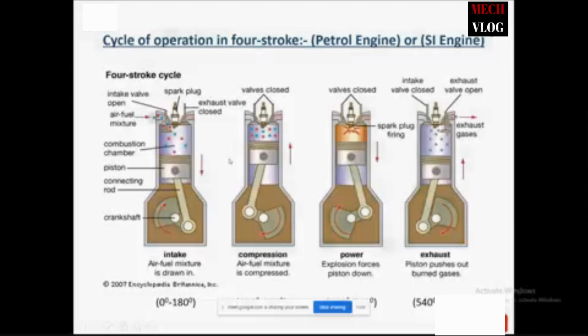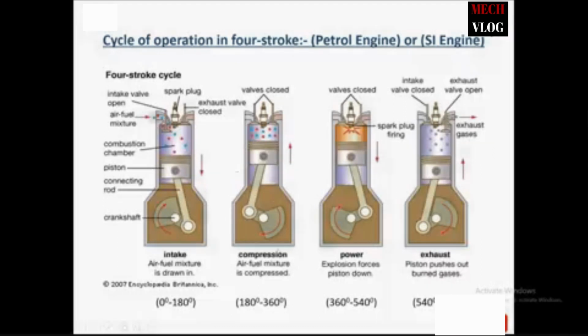Okay, so we have four strokes. The first one is the intake stroke or suction stroke. The second one is the compression stroke. The third one is the power stroke. And the fourth one is the exhaust stroke. You can see 0 to 180 degrees. That means the movement of the crank from 0 to 180 degrees, one stroke occurs.